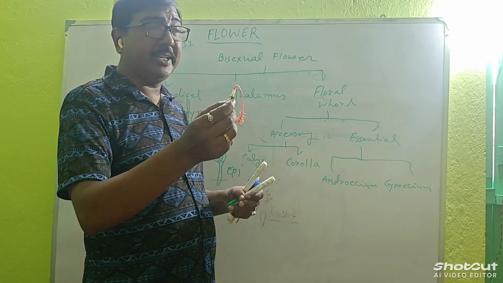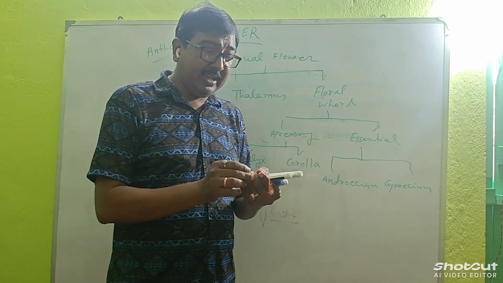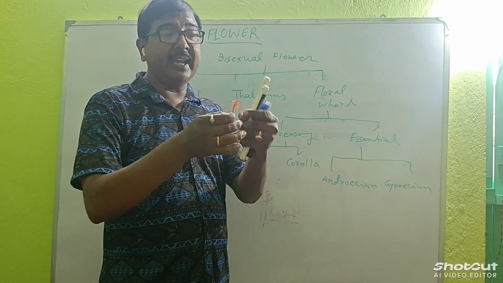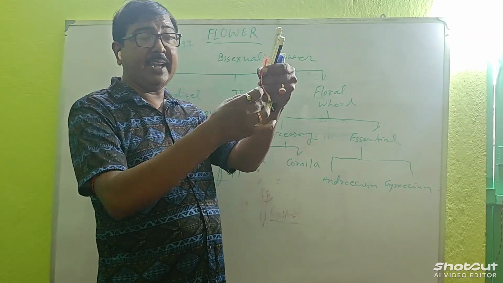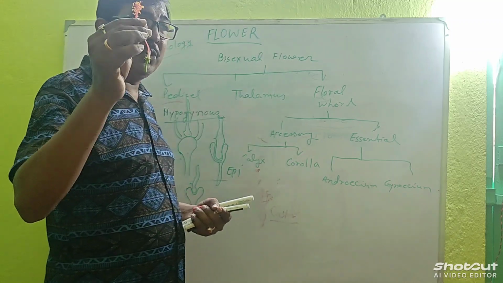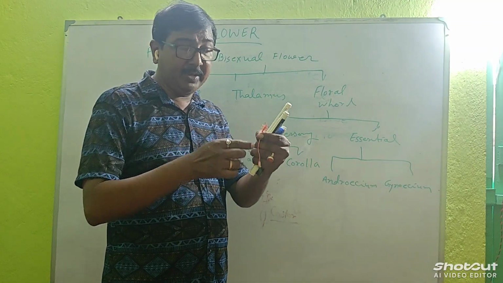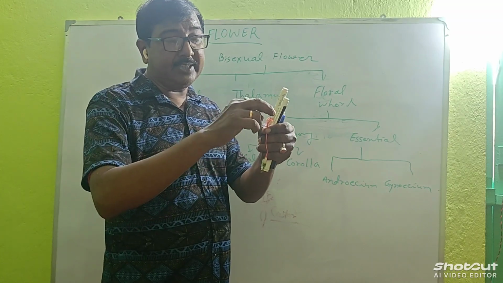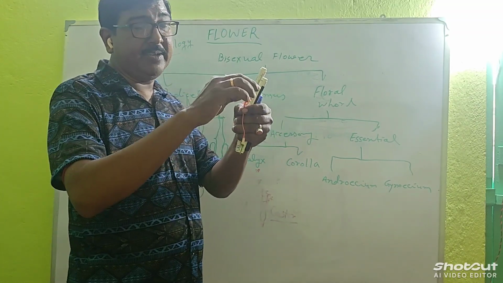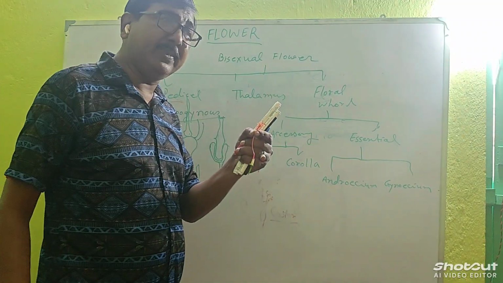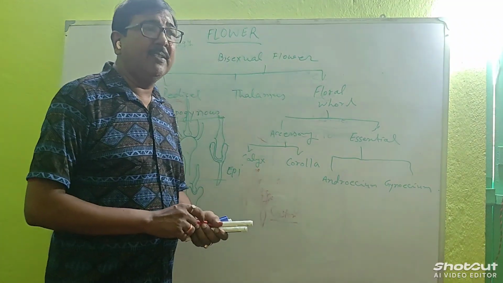On the thalamus, the ovary is present in superior condition, and these are the androecium. The filaments are attached, that's why this is monoadelphous. This is the gynoecium, with the ovary, stigma and style inside. So that's about the structure of the flower.